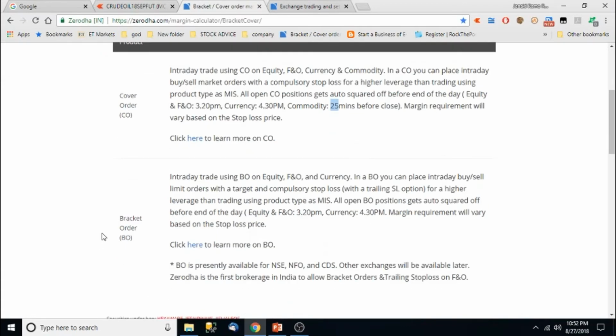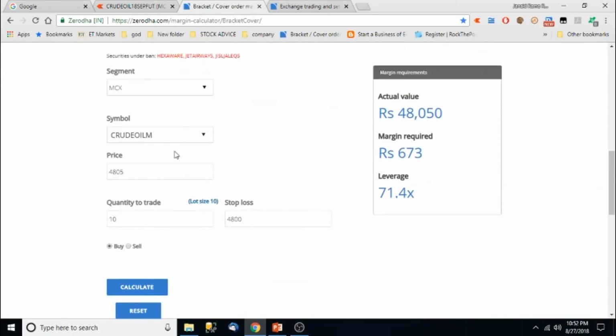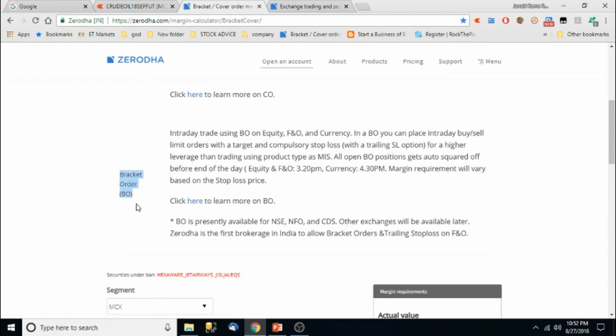And remember that in commodities there is no bracket order.